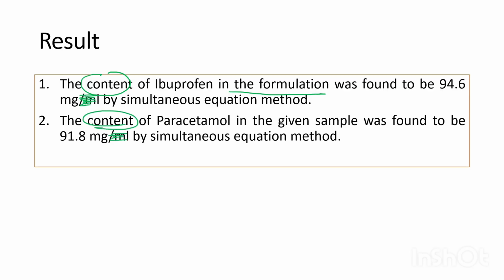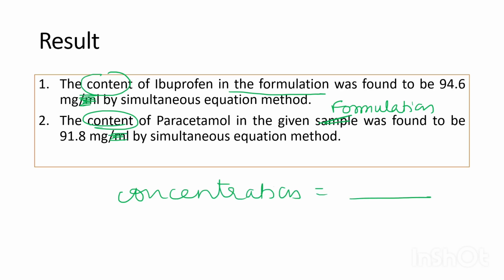Content of paracetamol in the given formulation, if we are saying formulation, then you can directly say 91.8 mg. तो अगर सैंपल सोल्यूशन में कितना है, कॉन्सेंट्रेशन, कॉन्सेंट्रेशन अगर बोला, ओके, तो कॉन्सेंट्रेशन के लिए ऑलवेज इट विल बी mg per ml. I hope you have understood.